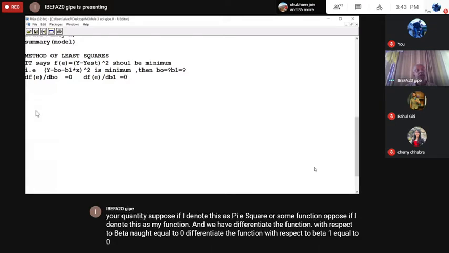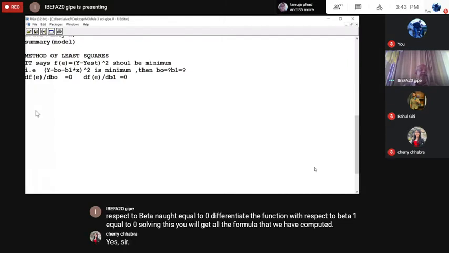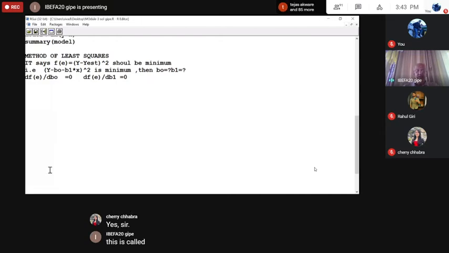Solving this, you will get all the formulae that we have computed. This is called the method of least squares.